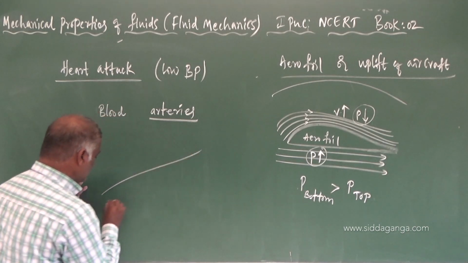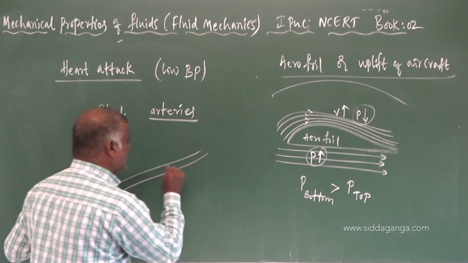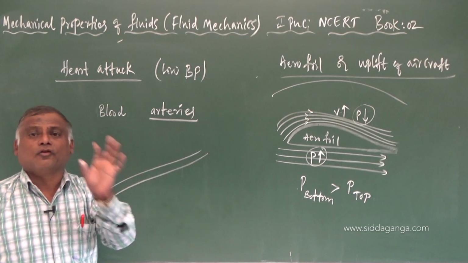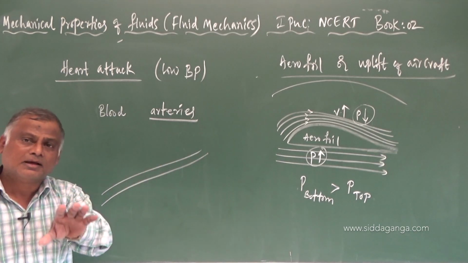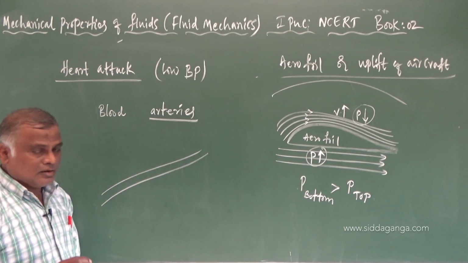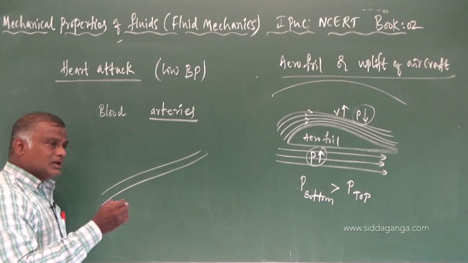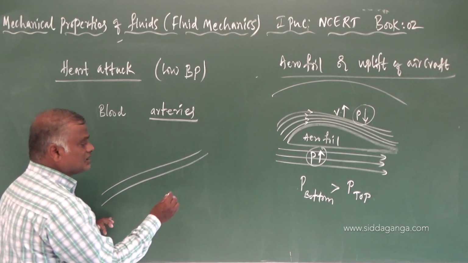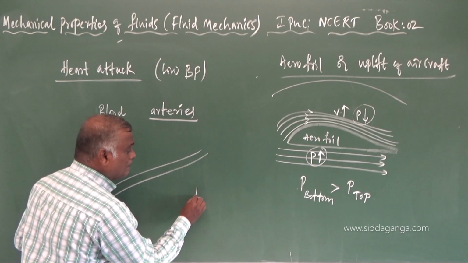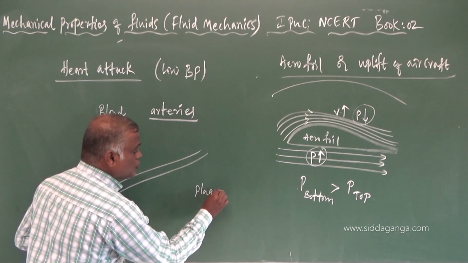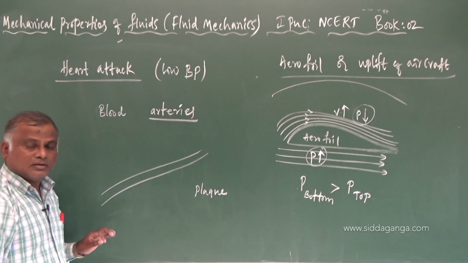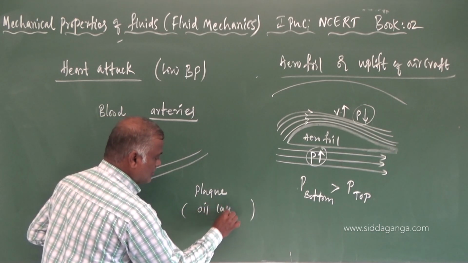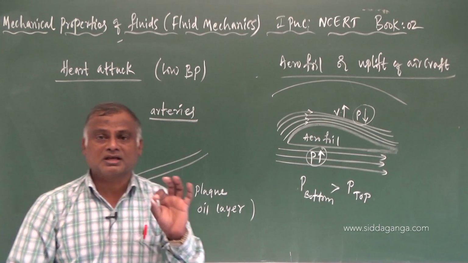Assume that this is an artery through which blood easily flows with a normal pressure. What happens there with age? Usually with age, there is plaque, P-L-A-Q-U-E, which means an oil layer, jiddina padartha.